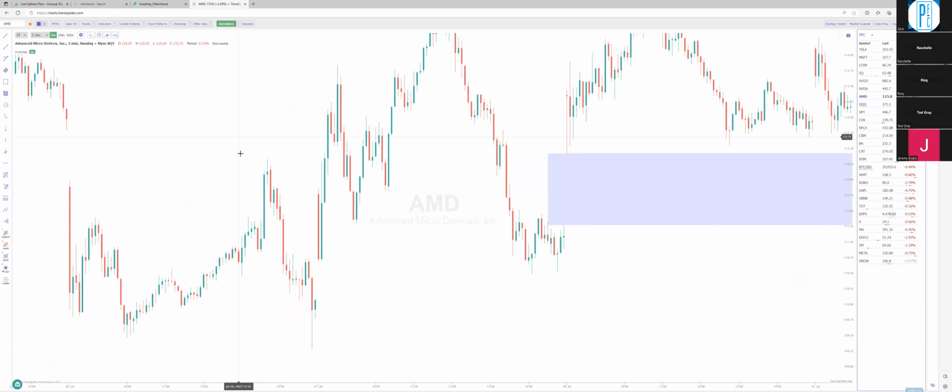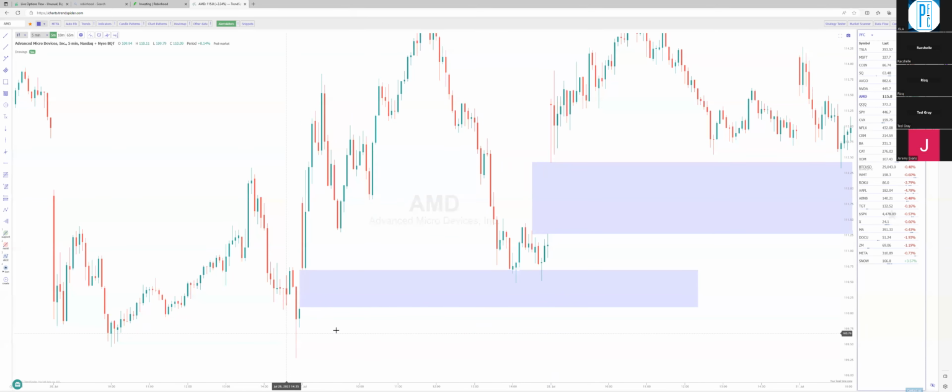So here's another example. That's why I'm giving y'all homework today. You can do this all day if you want to. Look at that, this was never invalidated. So what happened? Price created a what right here? A double bottom in the bull gap, right?